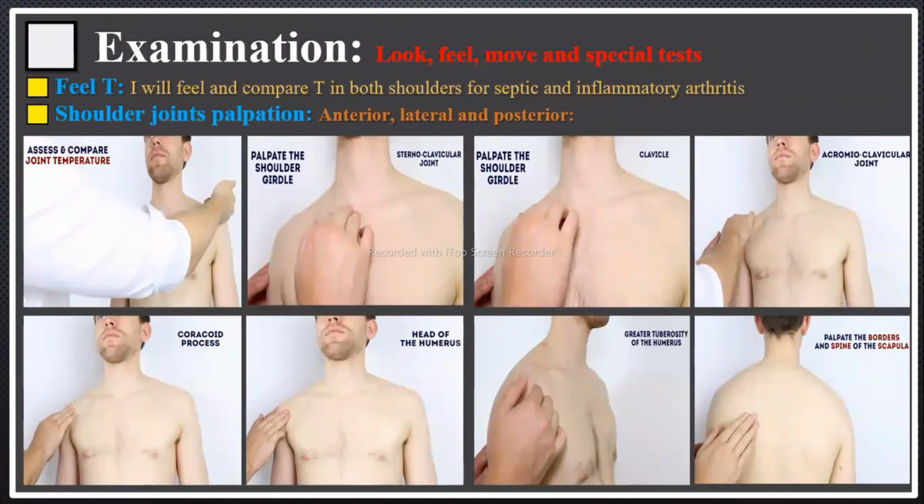Acromioclavicular joint pathology. And if the clavicle is elevated, it's a grade 5. If the clavicle is behind the tendons, it's a grade 6. And you can continue with the coracoid process, head of humerus, greater tuberosity of humerus. After that, palpate the border of the spine.